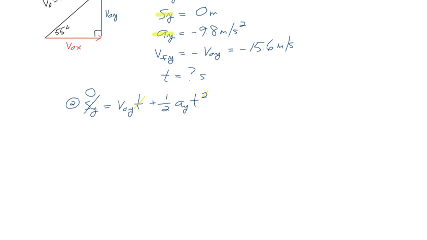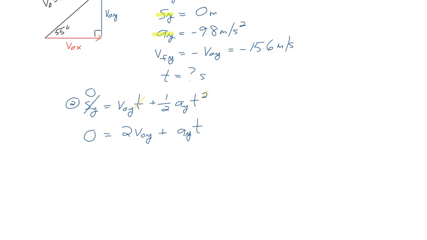So I would get 0 equals. Now I'm going to multiply through by 2 because it's a fraction. If I multiply through by 2, that's still 0, and that's going to be 2 Voy plus Ay t.